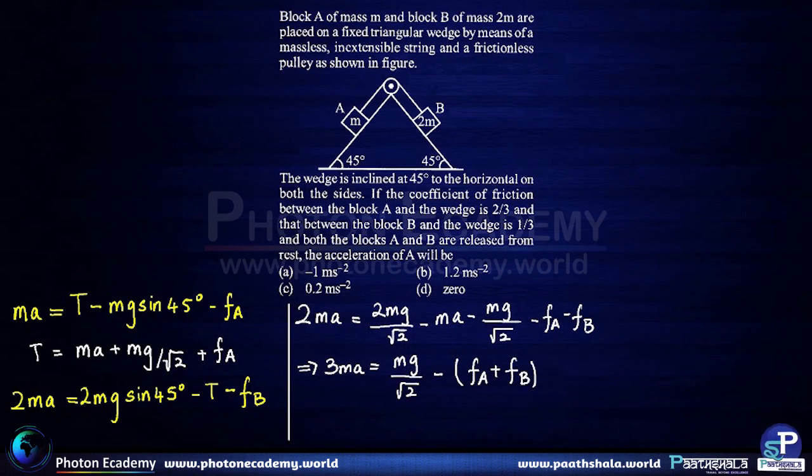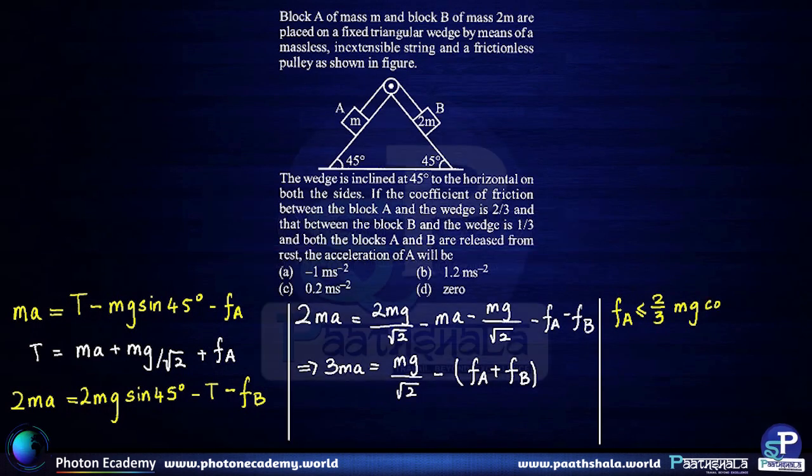Now what are the limits on the frictional force? The frictional force acting on A is always less than or equal to the coefficient of friction multiplied by the normal reaction between the block and the surface. Similarly, for block B we have the coefficient of friction times the normal reaction between the block and the surface.